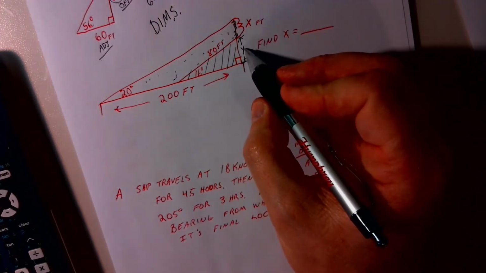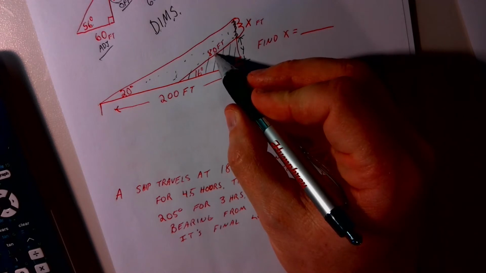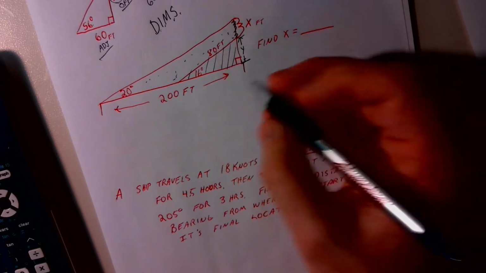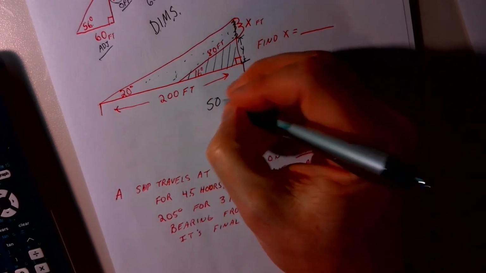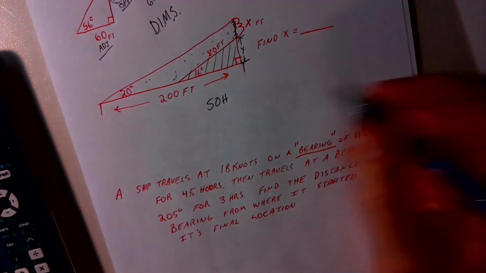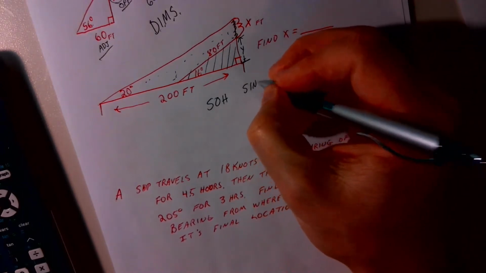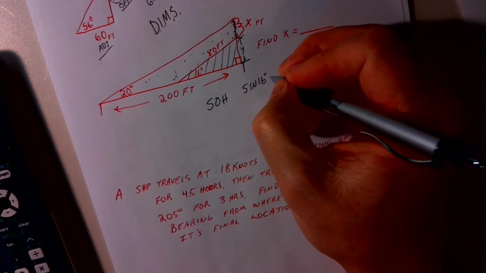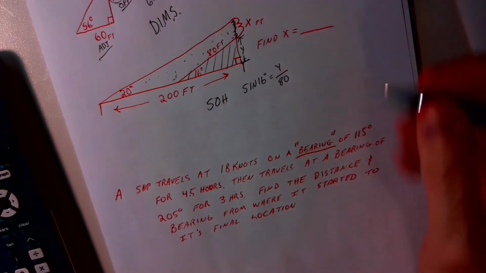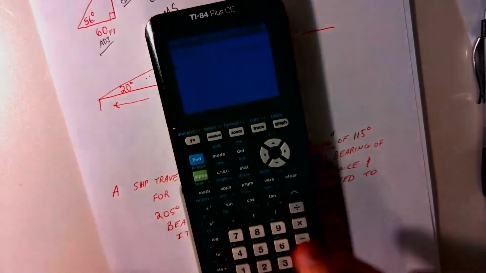So I know y is the opposite side, 80 is the hypotenuse, so opposite and hypotenuse, and this time we're going to take our time with this. So I need sine of 16 degrees equals opposite y over hypotenuse 80. I'm going to take my handy dandy calculator out here.